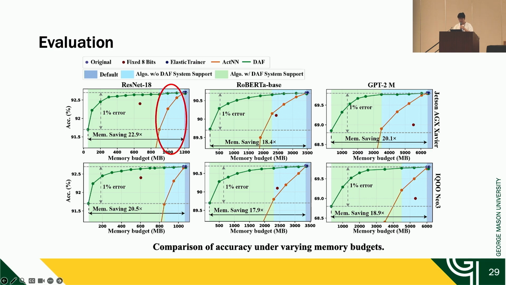And in the figure, this light blue area shows the best memory savings you can get without DAF. Specifically, that's what's possible with ACTNN. We use a 1% accuracy drop as the threshold here. And for methods like fixed 8-bit, elastic trainer, and original, there's only a single point on the graph. That's because they don't change the actual size of stored activations during training.